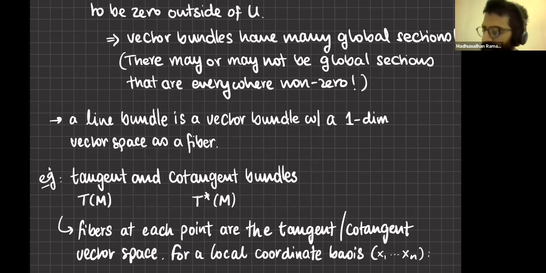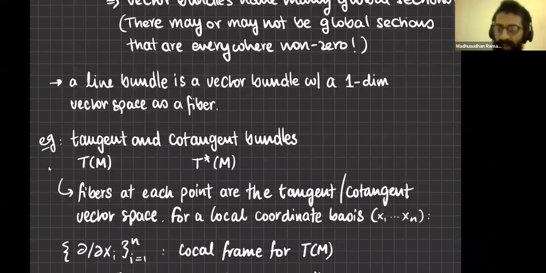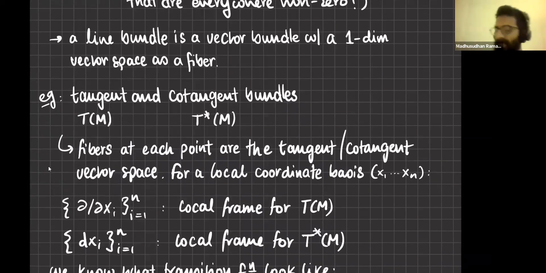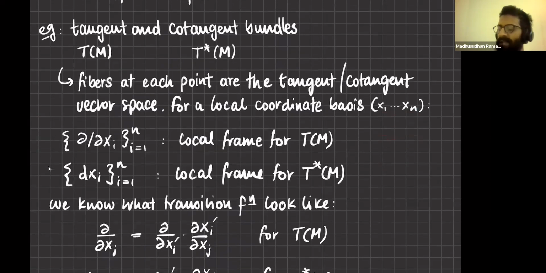Okay, so of course you will all be familiar with tangent and cotangent bundles, which we are familiar with from the study of general relativity. Here, the fibers at each point are the tangent or the cotangent vector spaces, right? Let's say we have a local coordinate basis. We can set up a local frame for TM and T*M, the tangent and cotangent bundles.